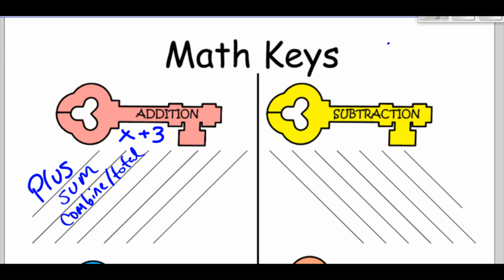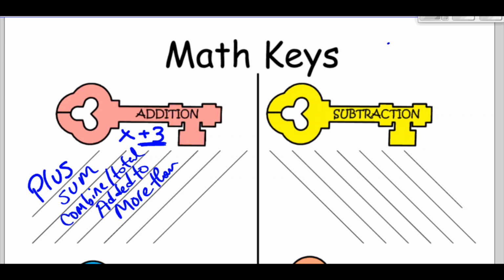And then we have these specific phrases that actually tell us to flip the order. If I say 3 is added to x, I'm actually starting with the 3. In the sentence, I say 3 first, but actually it comes second in the expression. Added to, or if I say more than, both of those actually flip the order.